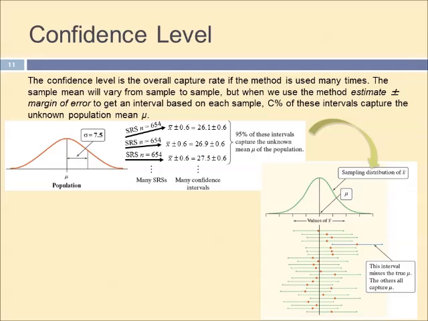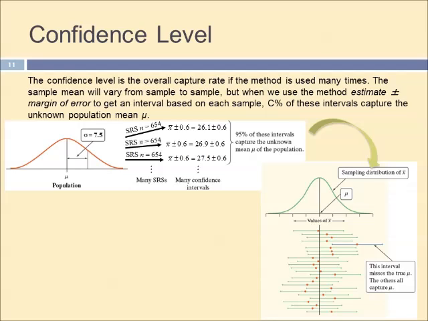So if we continue along with the BMI example, we can construct many confidence intervals around different sample means that we might obtain from the population, and the sampling distribution of the mean x bar is normally distributed. The mean of that distribution is the population mean.